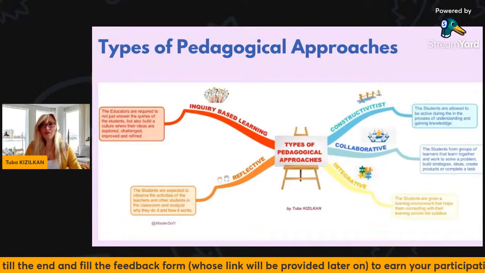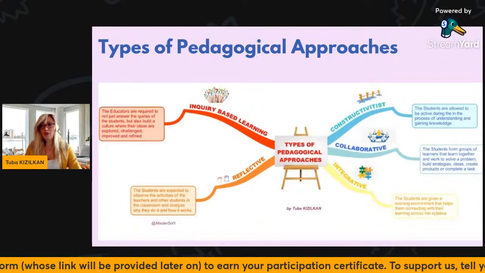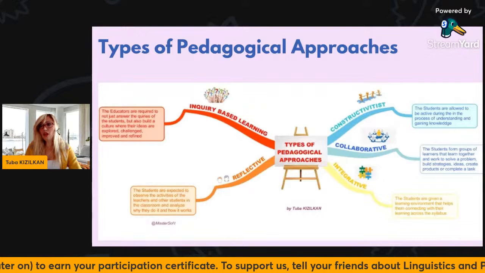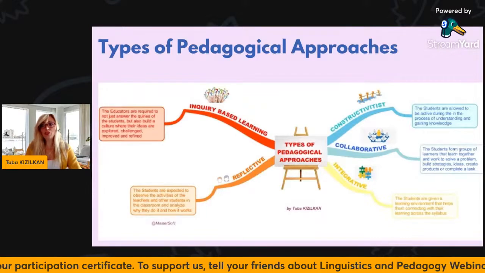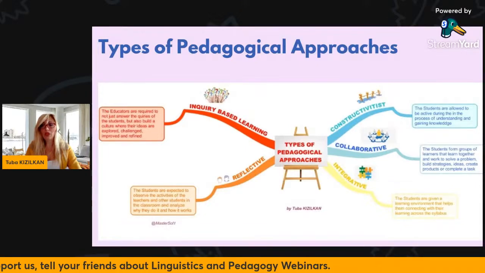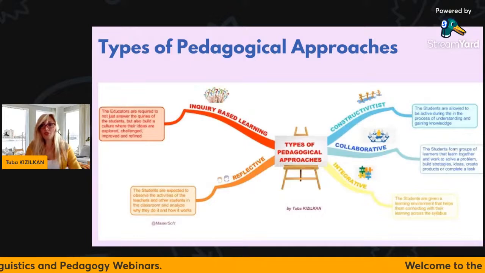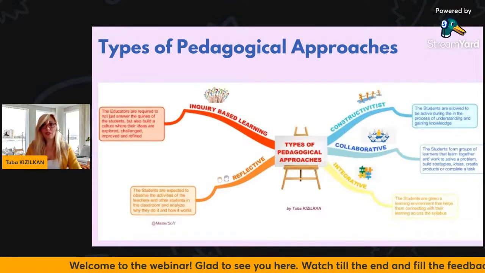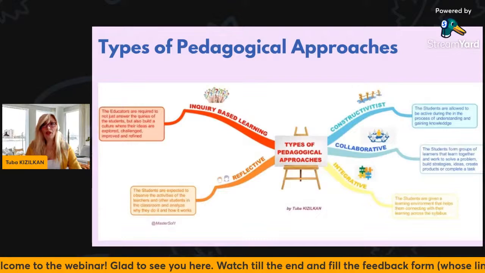And we have another approach called the collaborative approach, which means that the students form groups of learners that learn together, and they work together to solve a problem or an issue. They are also supposed to build strategies and create new ideas and products, and complete a task by this collaborative working.